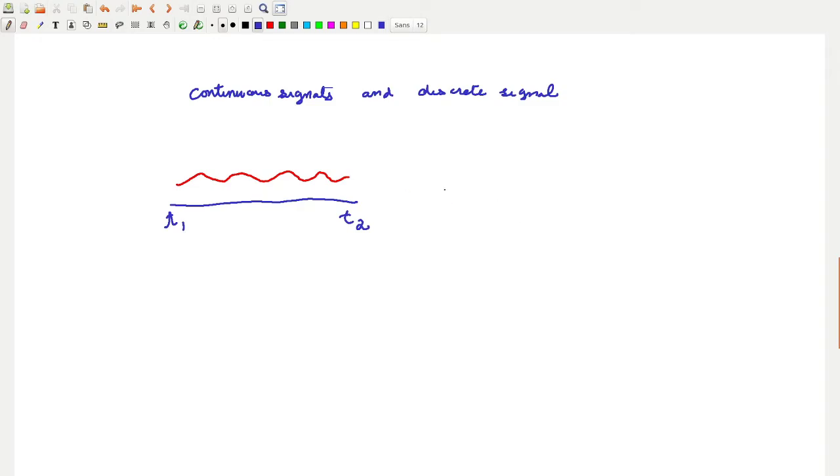On the other hand, for the discrete signal, we will have values only at some instances. For example, some discrete instances will have values.